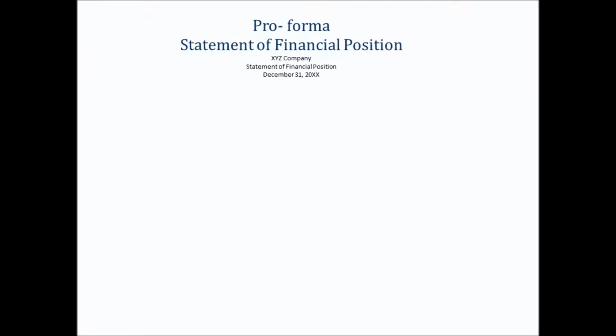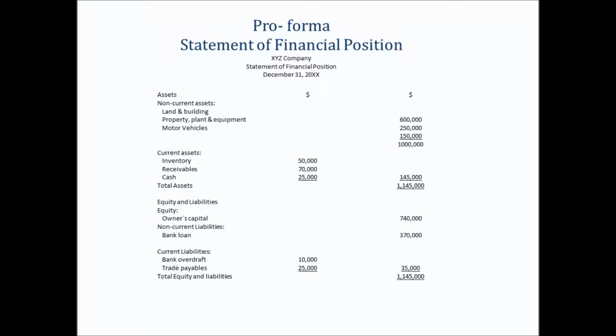Having said that, let's take a look at the XYZ company statement of financial position or balance sheet. This is a vertical view of the balance sheet of XYZ company. So as you can see, the total assets is equal to the total equity and liabilities.